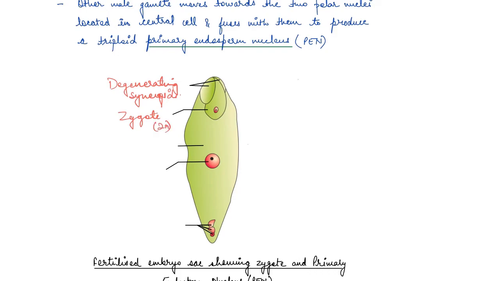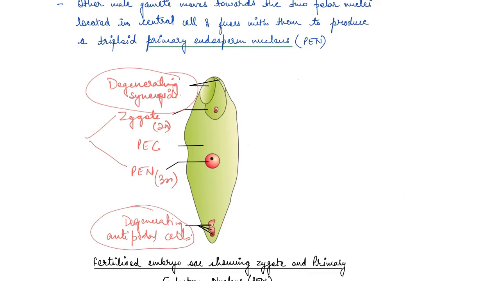Then you have PEC, the primary endosperm cell, and here you have the primary endosperm nucleus, which is 3N. And this is double fertilization. And here you have antipodal cells, again degenerating. These degenerating cells help in nourishment of the other parts of the embryo sac.